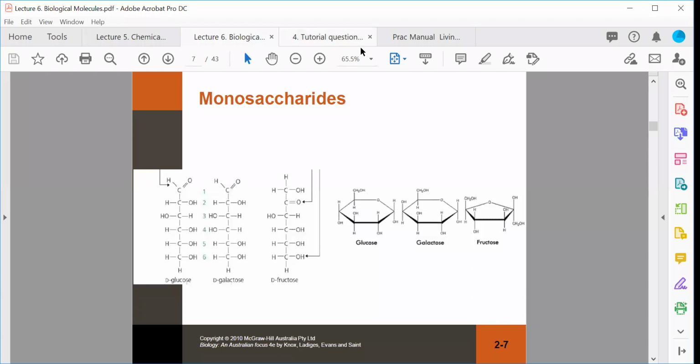And I'll just get my pen here. So let's just look at this one here. So this is glucose. Don't worry about that D. This is glucose here. And we can see that 1 glucose monosaccharide, 1 molecule of glucose contains 6 carbons. Each of those carbons are covalently bonded to either hydrogens or to oxygens, which in turn are bonded to a hydrogen.